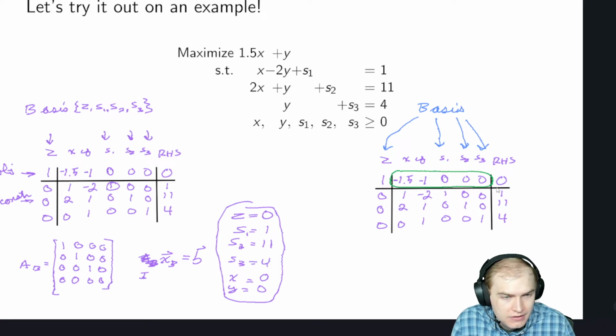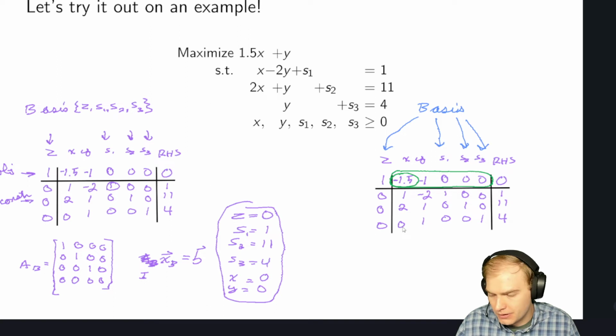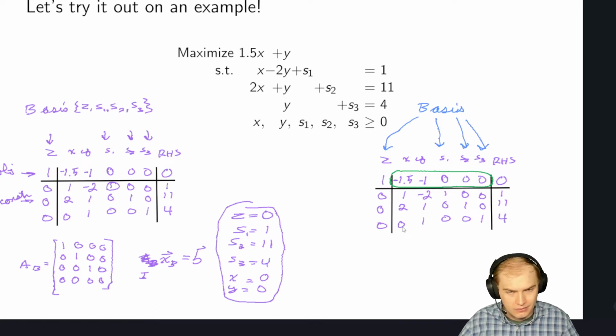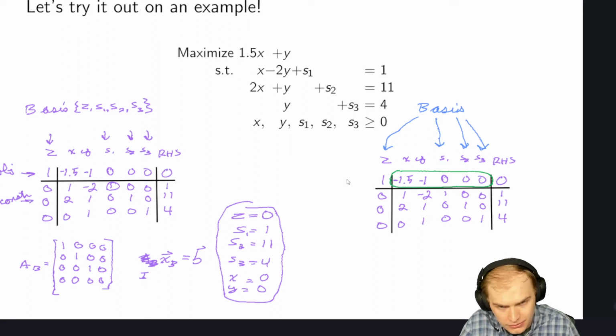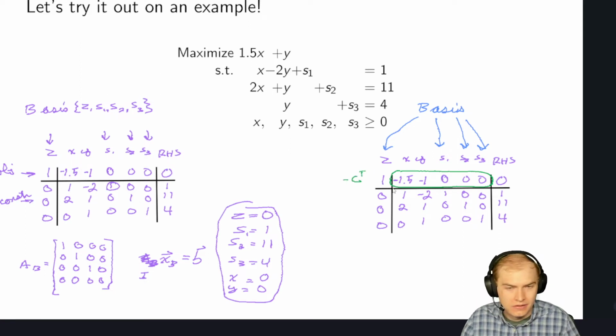So we can just look at the decision variable section of the objective row, and notice that if we improve x, that's our smallest coefficient, which means that since this row is actually negative c transpose, that corresponds to the biggest increase in objective function value, because this section is the negative of the objective function.